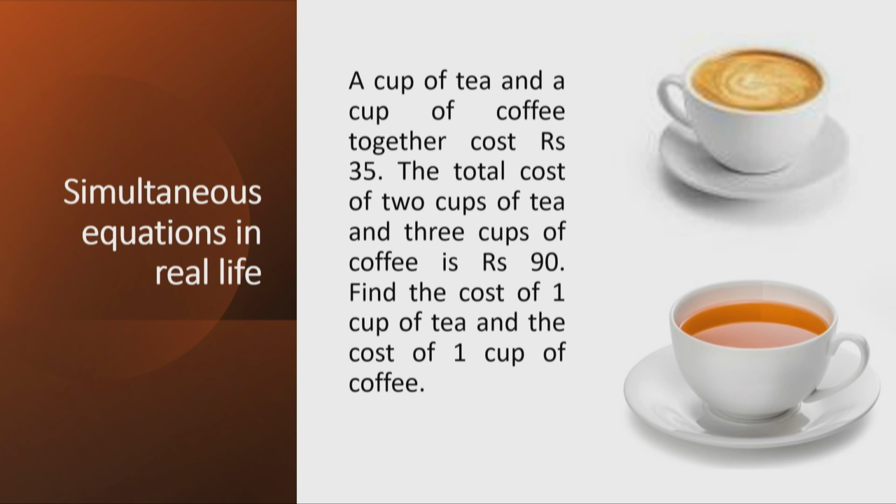And you're asked to find the cost of 1 cup of tea and the cost of 1 cup of coffee. So, do you have any idea how you're going to proceed to find the cost of 1 cup of tea and the cost of 1 cup of coffee? So this is an example of where we can apply simultaneous equations in our real life.